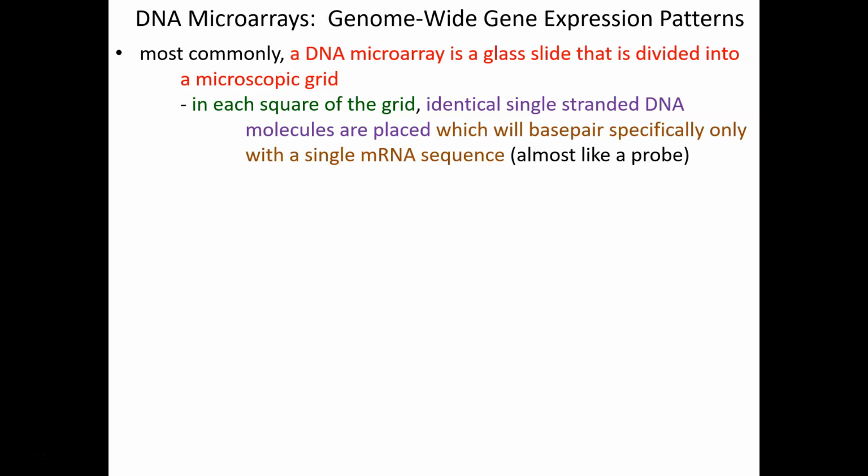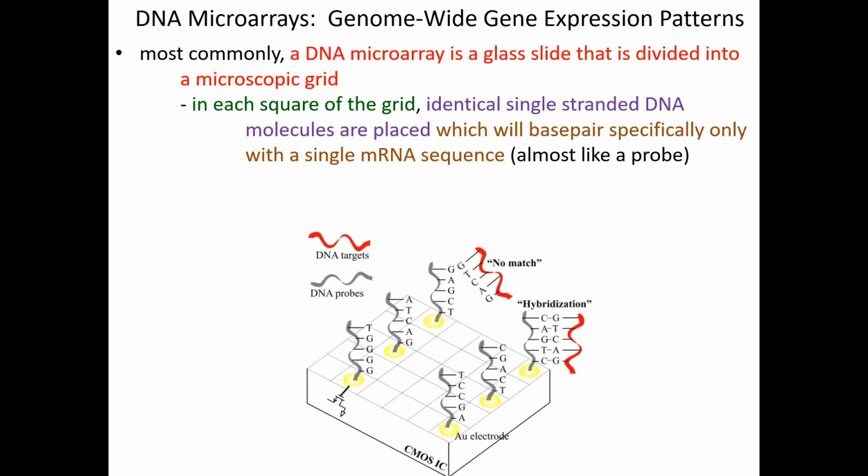Even though each individual grid square has many, many identical DNA molecules in it, each grid square has a different set of molecules than any other. And essentially, what's happening here is that each grid square has DNA in it that represents the sequences of a specific gene. So what we're doing here is we're zooming in on, in this case, 6 particular grid squares.